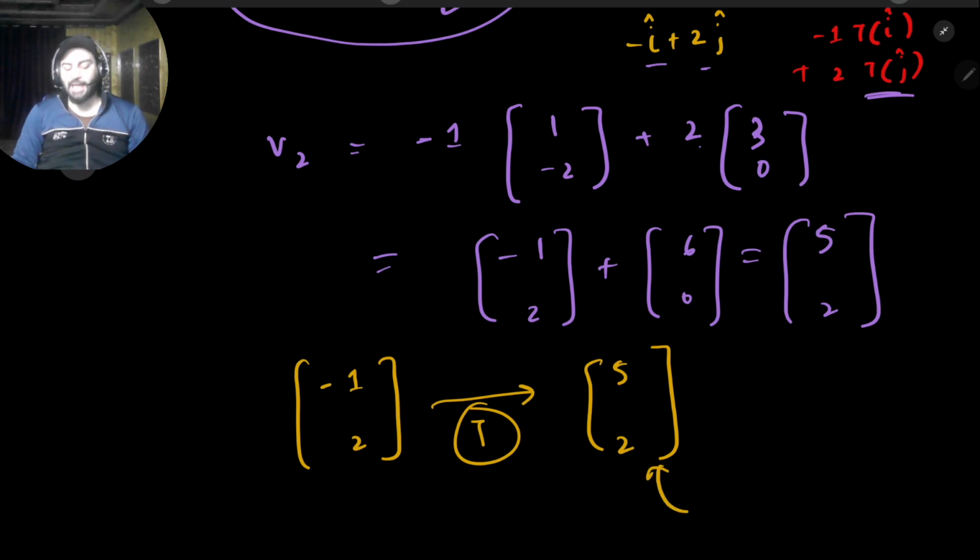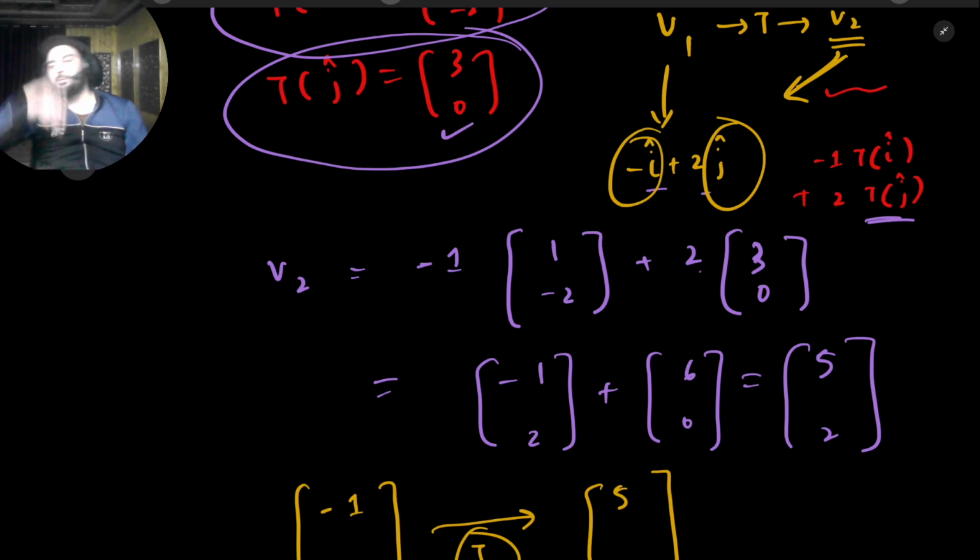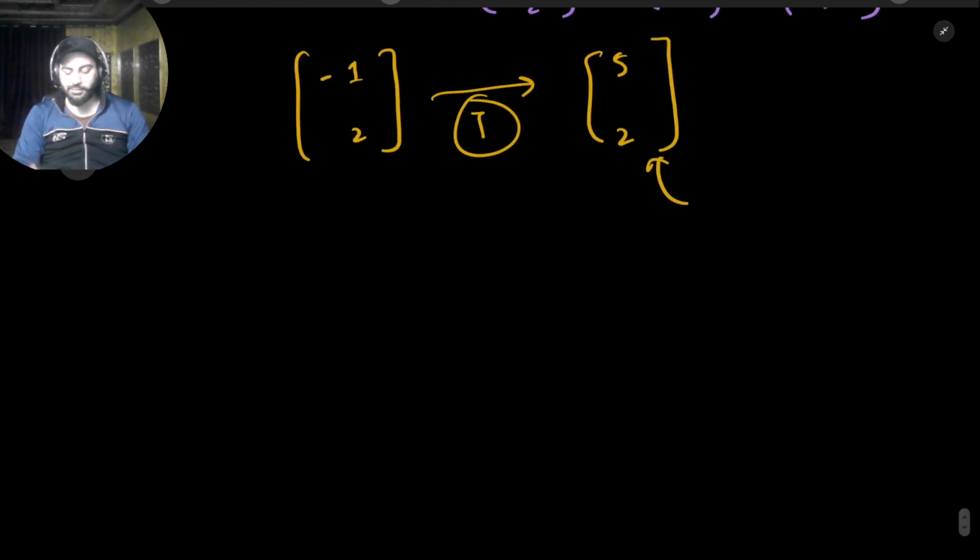The only thing that I have to keep track of is where these basis vectors went. If I keep track of where these basis vectors went, I can feed any vector to this and see where it will land. So this is a very important point: I need to keep track of the basis vectors.